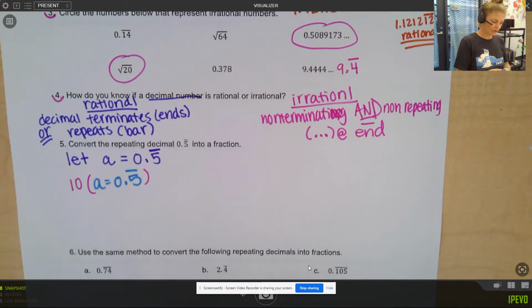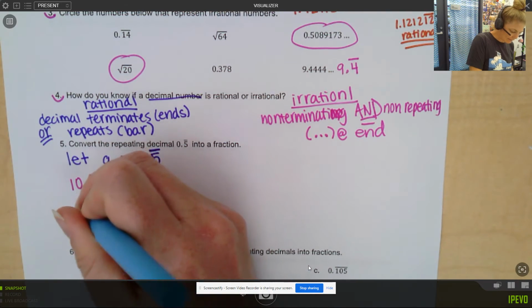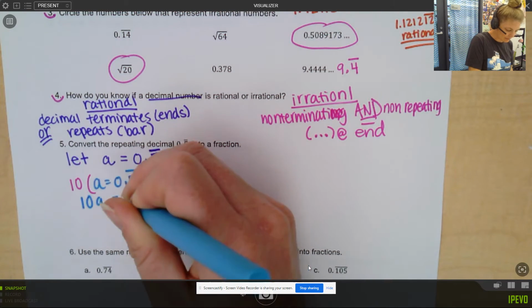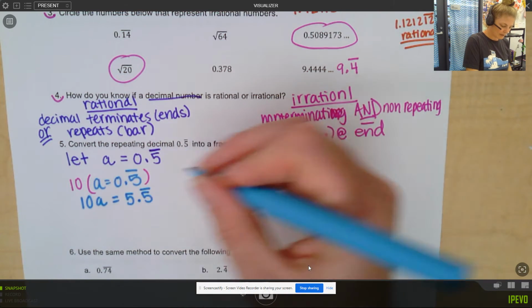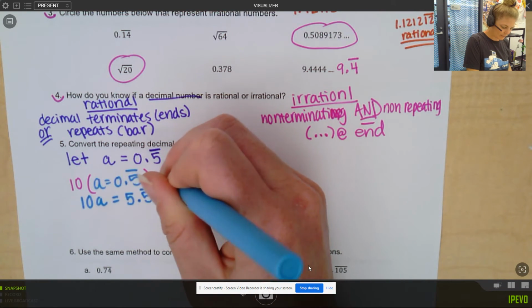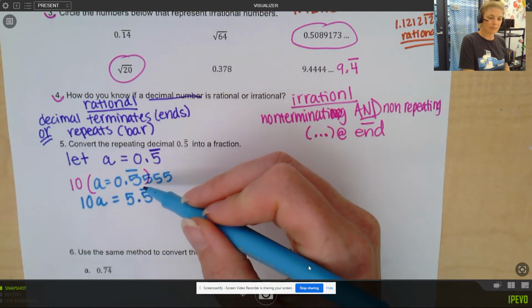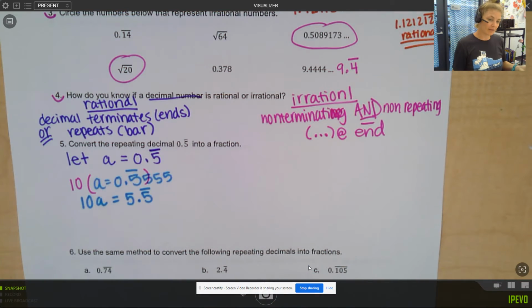Equality property of multiplication. From here, I have 10a is equal to 5.5 repeating. Because remember, this 0.5 just went on forever. So when I multiply by 10 and move the decimal over once, now it's 5.5 repeating.